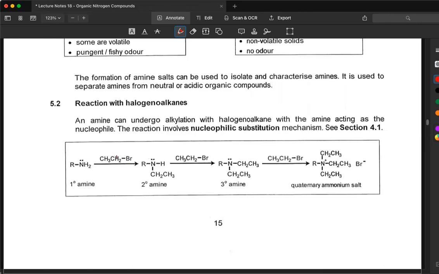So it forms here. This is what happened. Then we go further, and eventually you have the complete alkylation to form the quaternary ammonium salts.